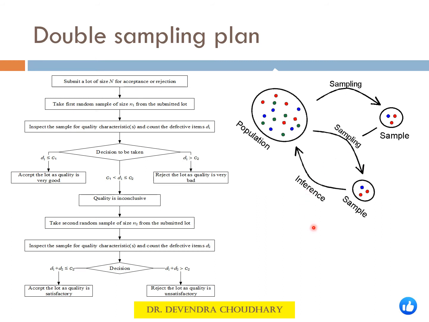So it is not necessary to always take two samples. In double sampling plan, at most two samples are taken.